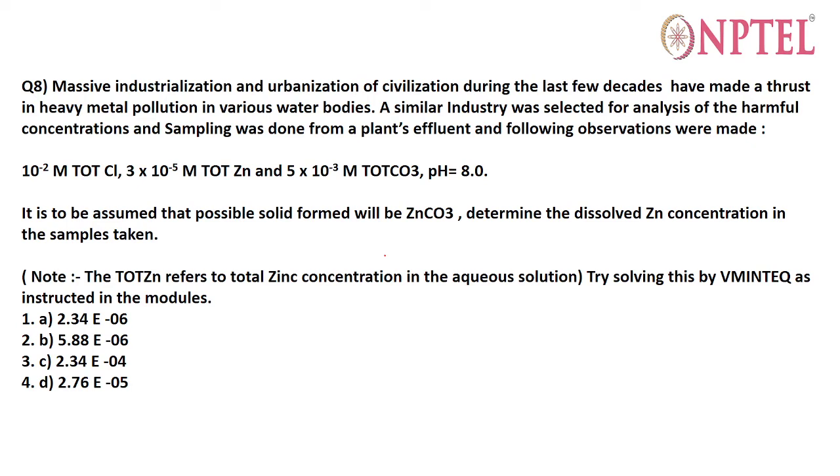So a similar industry was selected for analysis, and we got the concentration of different ions or elements: the total chlorine is 10 to the power minus 2 molar, then zinc 3 into 10 to the power minus 5 molar, and then carbonate, and also pH is given as 8, right?